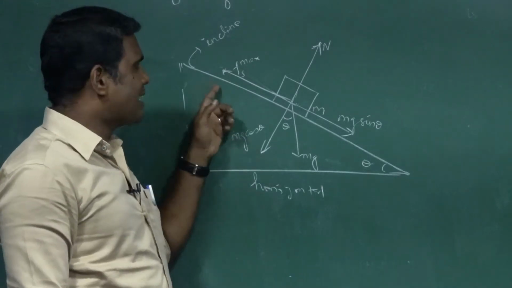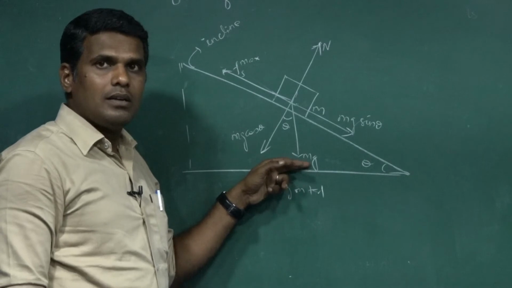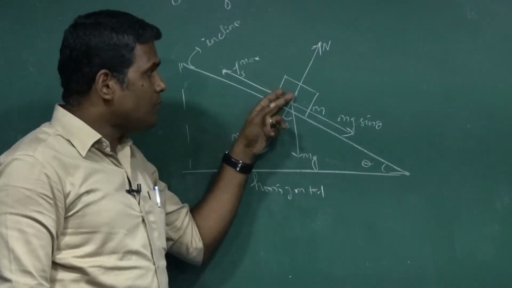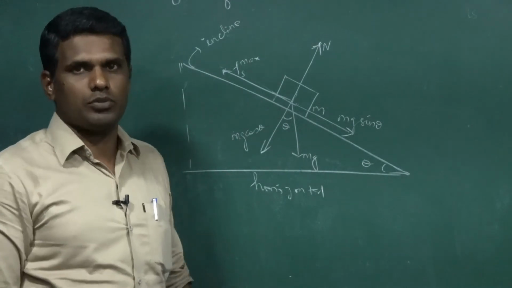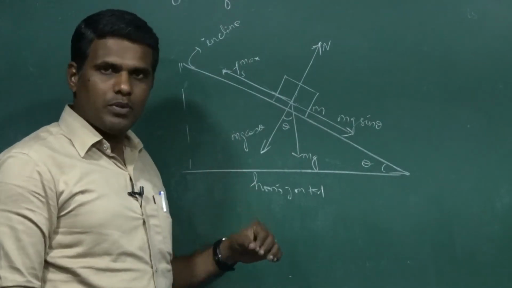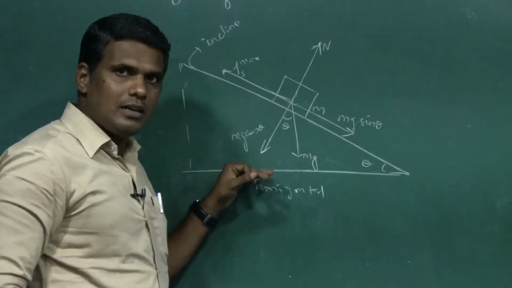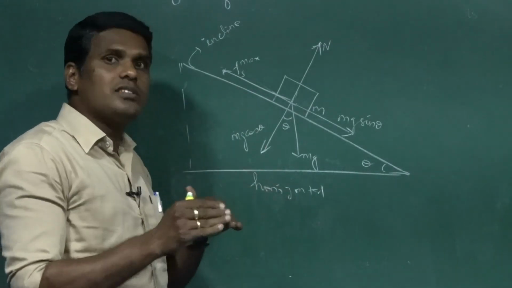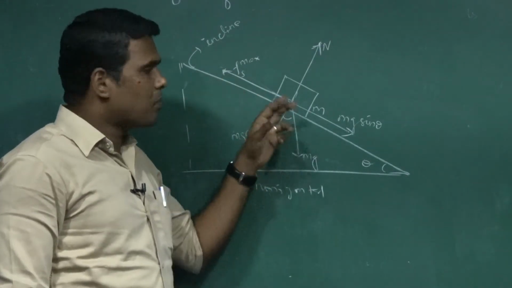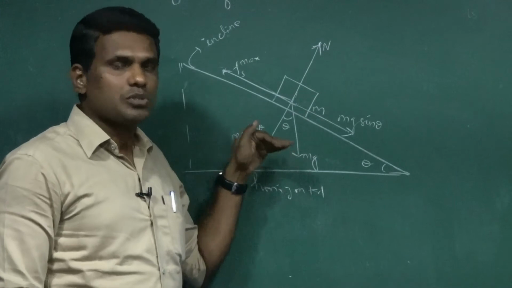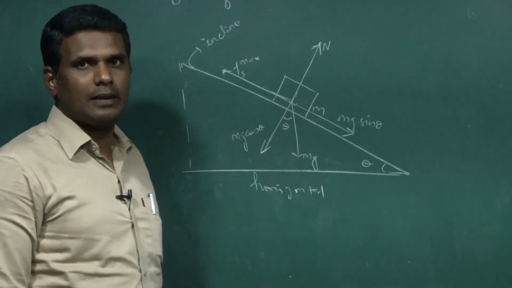So angle of repose is the angle made by the incline with the horizontal such that the block or mass placed over the incline begins to slide down the incline.